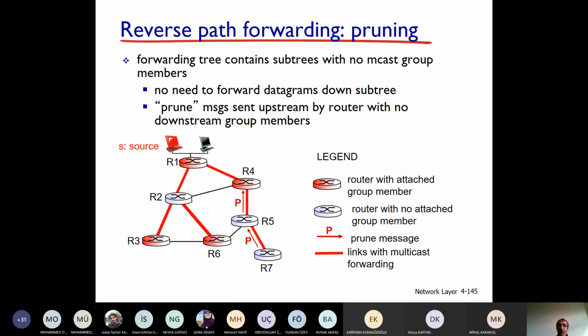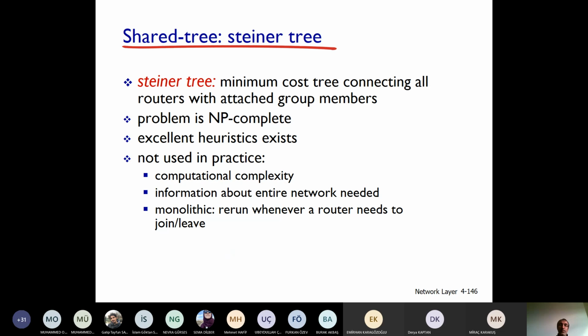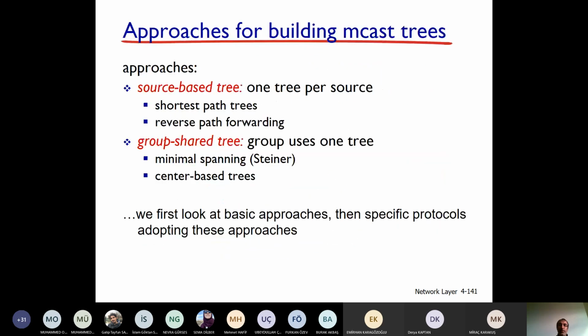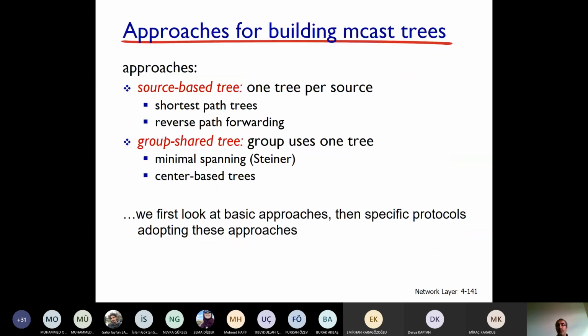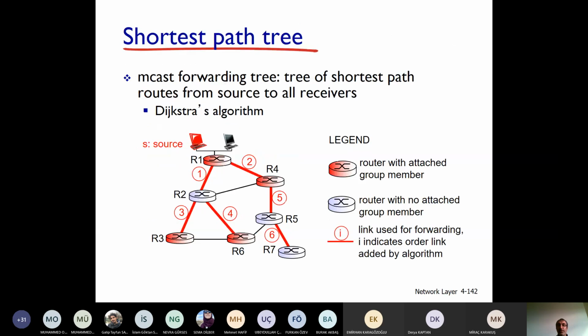And then R5 is going to send this upstream, and then we're going to cut this branch, because R7 doesn't have any group member, so I don't need to forward messages to this subtree. So we need to cut, which we call pruning. Okay, that was about the source-based tree, with one tree per source. And the second approach is where the group uses only one tree, the group shared tree.